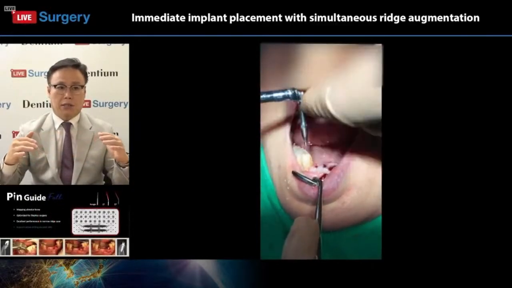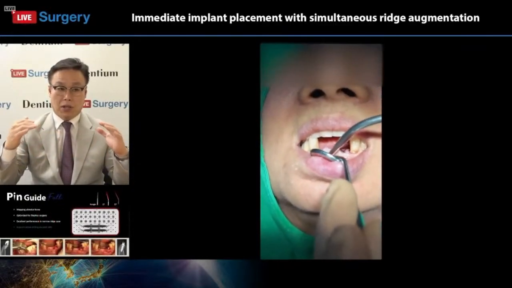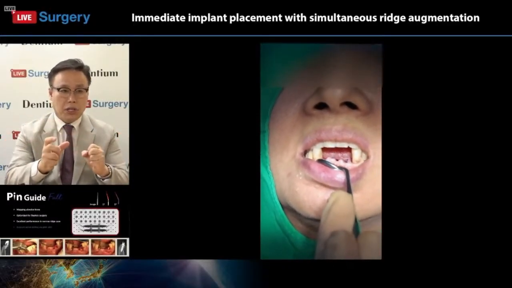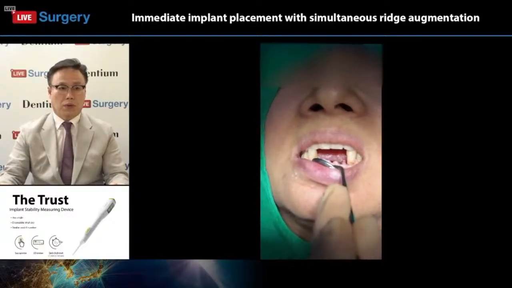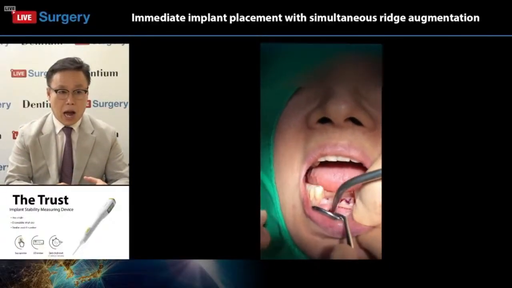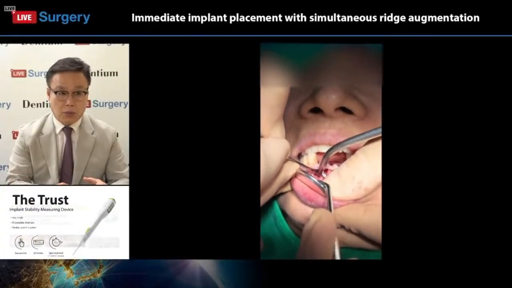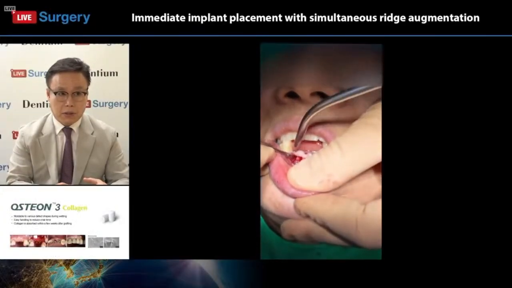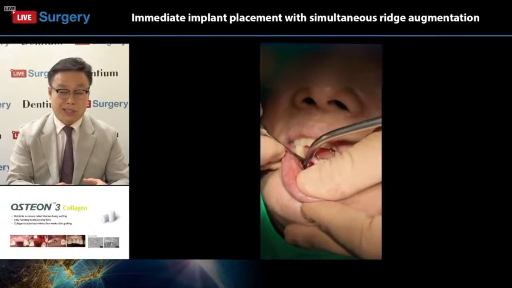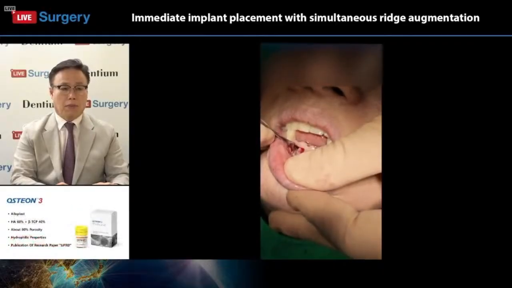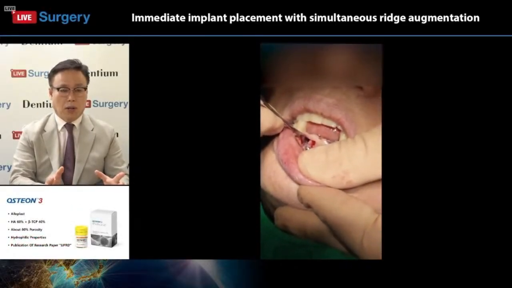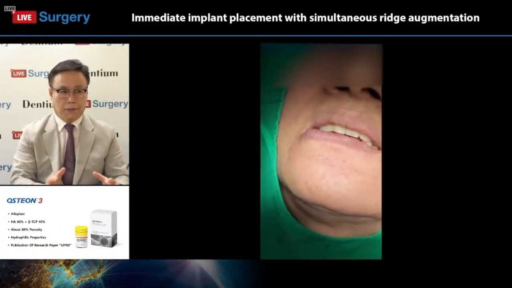The tissue level implant's thread design is designed for immediate implant placement, a little more aggressive, and the connection is strong, but it's good for immediate implant placement in the anterior tooth area. However, in this case we have to control the depth, so we are placing it a little deeper than usual. For the depth control, I think the bone level implant is better than the tissue level implant. That's why I chose the bone level implant for this case.